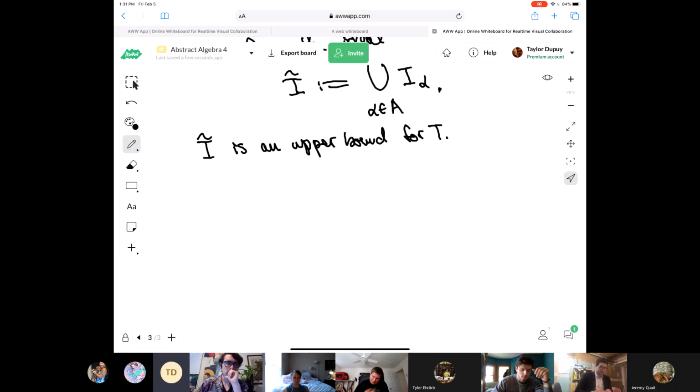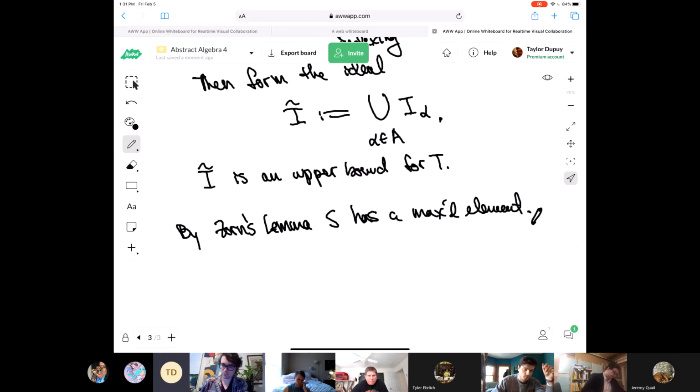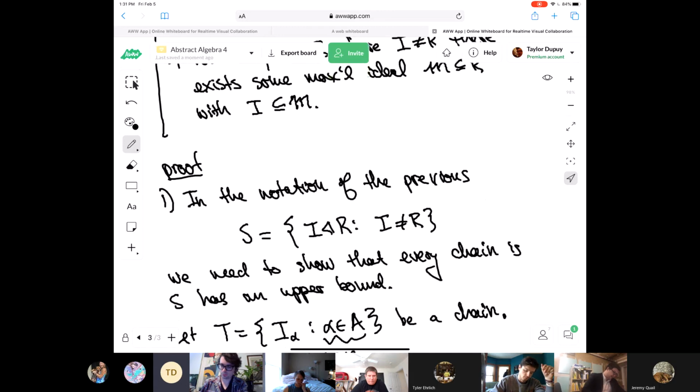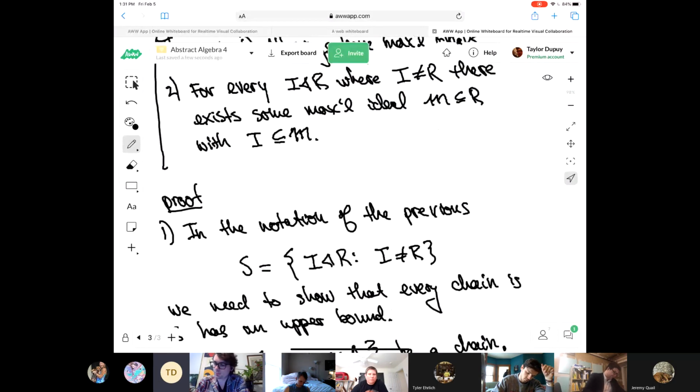Now by Zorn's lemma, S has a maximal element. So that's a maximal ideal. Okay, so that proves the first thing. So we proved that all rings have maximal ideals.